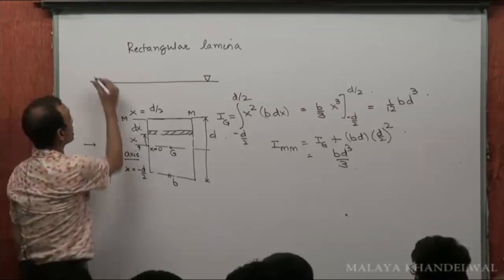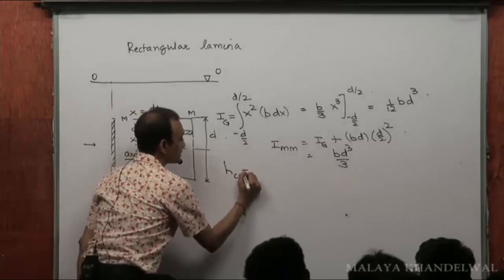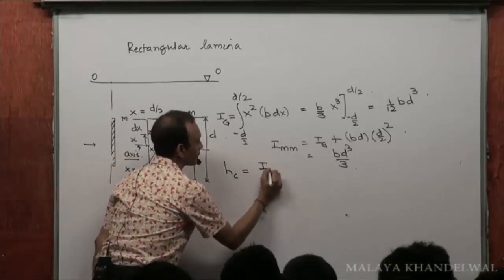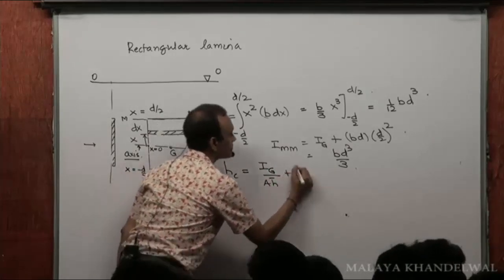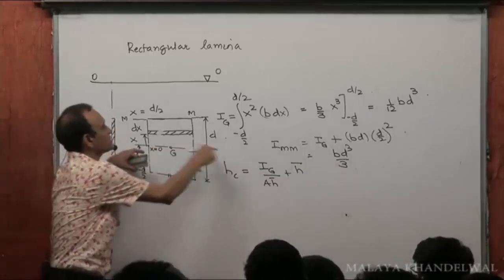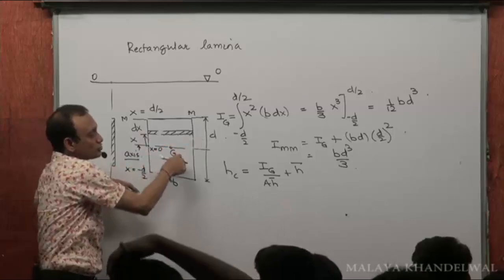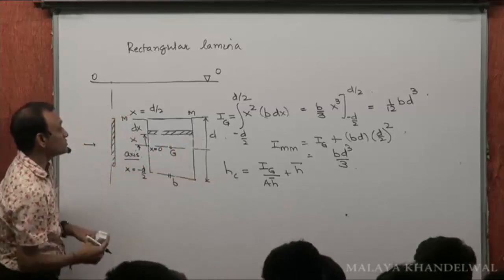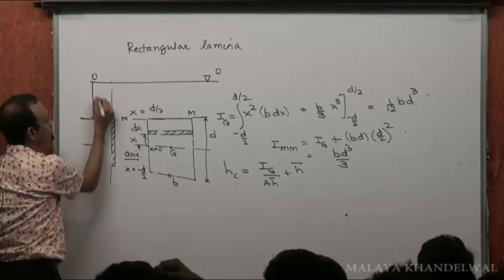But what would be the depth of the center of pressure? The depth of the center of pressure would be IG by A h bar plus h bar, where IG is computed about an axis parallel to the free surface passing through G. What is h bar for this? Suppose this was h naught.